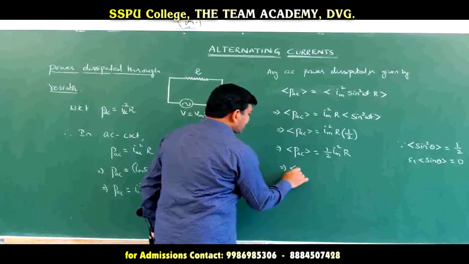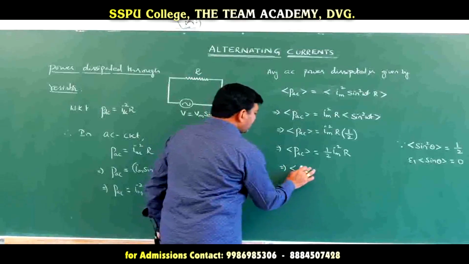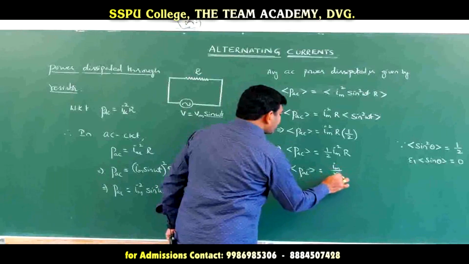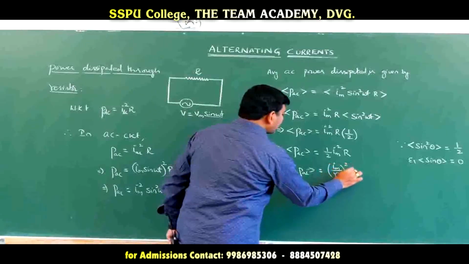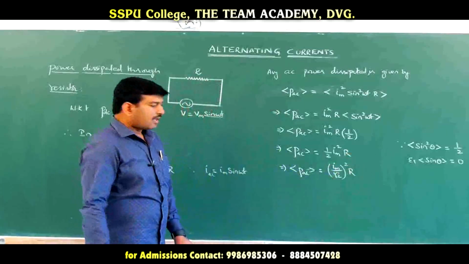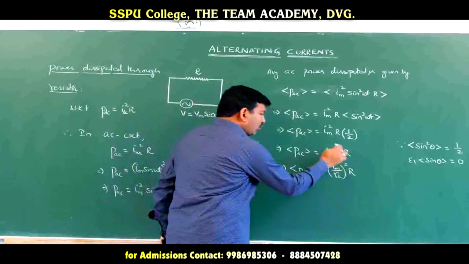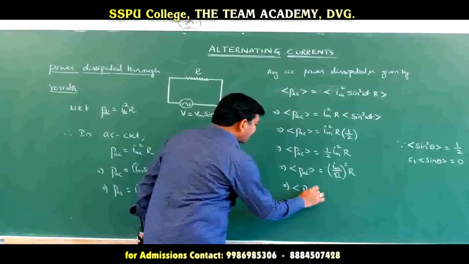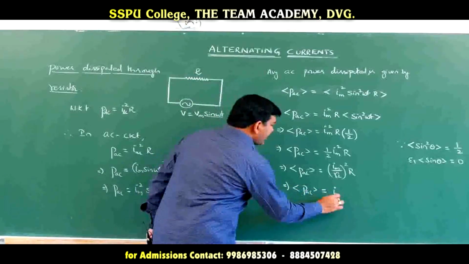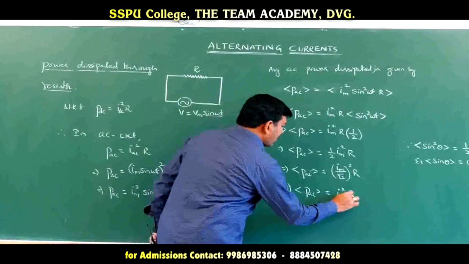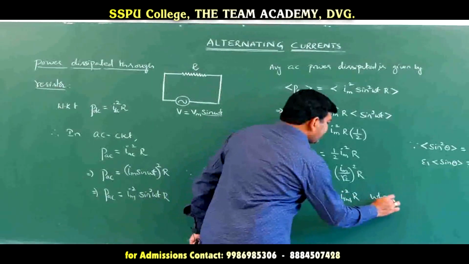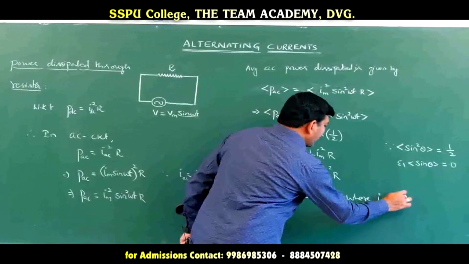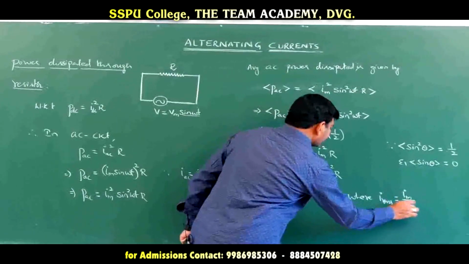Shall I write it like this? The average AC power over a full cycle is equal to (Im divided by root 2) whole square into R, or not? Yes or no? I write this (Im by root 2) whole square as: the average P_AC is equal to I_RMS square into R, where I_RMS is equal to I maximum by root 2.